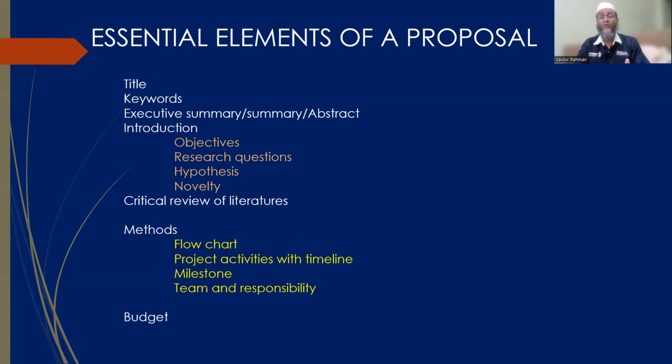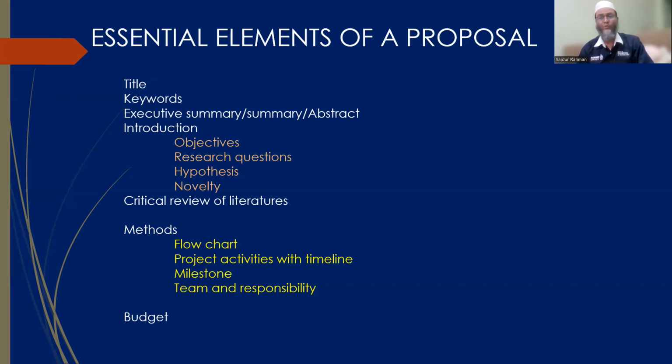So how to write an effective title, a catchy title, a comprehensive title, is very important, because this is the first thing the panel members and funding body look for. If it is attractive, certainly there will be some good remarks, and the probability that they will read the whole proposal carefully is higher, and it will probably create some good impression.